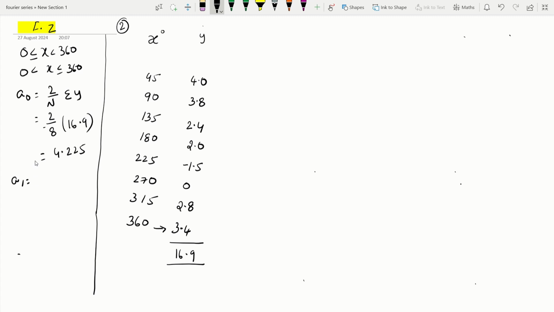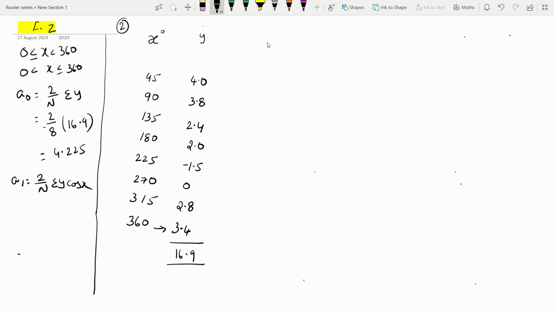A1 formula is 2 by N summation y cos x. So it is understood. First we need to find out the cos x value. Y into cos x you have to calculate. I already said the procedure.